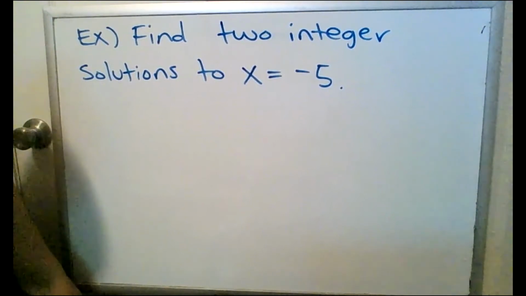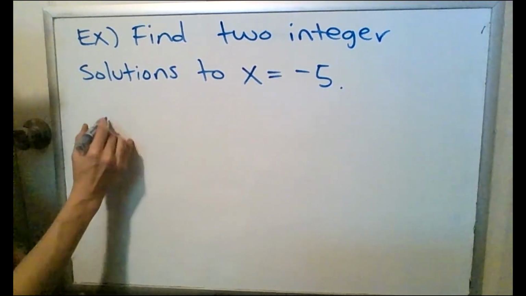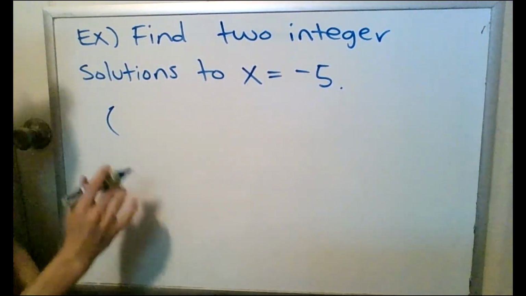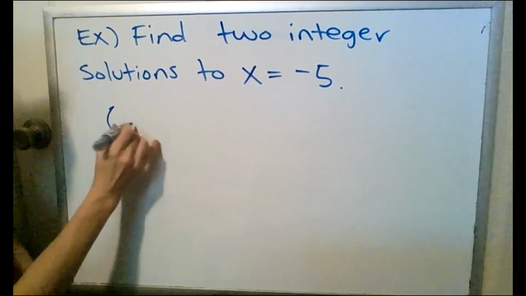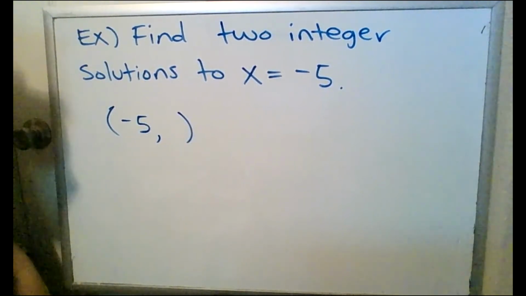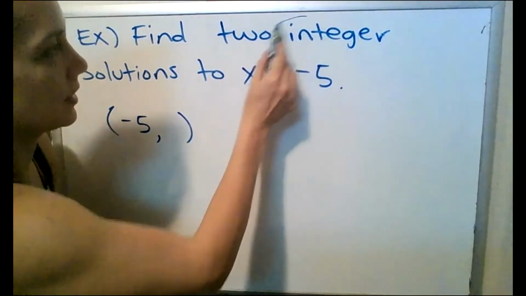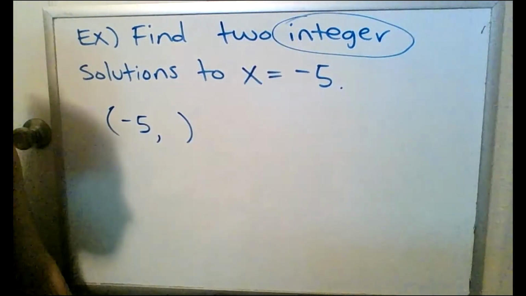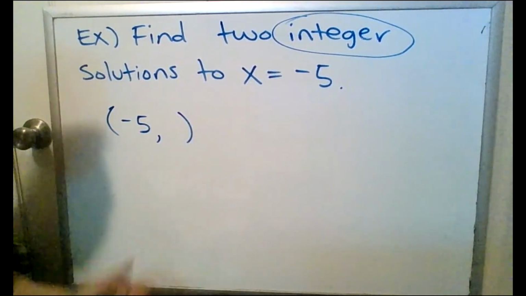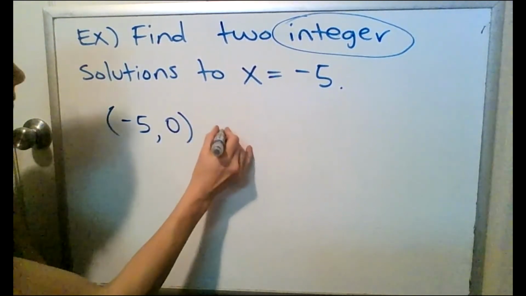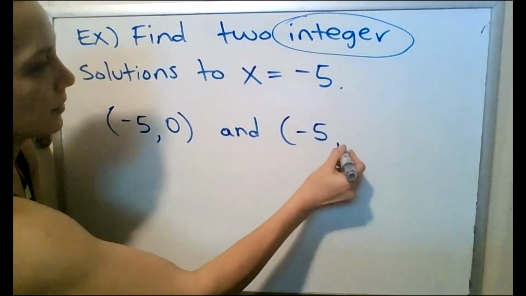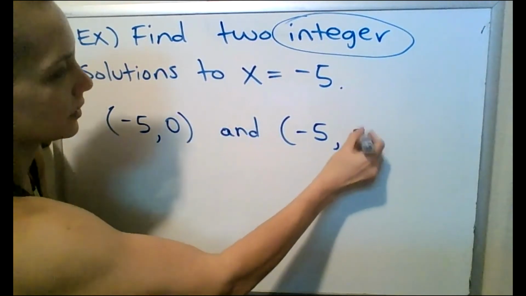In this case, we're talking about points. And the solution is a pair of x, y values. X has to be -5. And there's no y value, so y can be any number, but your question asks for that number to be an integer. So it could be 1, 2, 3, 4, 5. It could be -1, 2, 3, 4, 5. It could be 0. Just as long as the x value stays at -5 and y value is some integer.